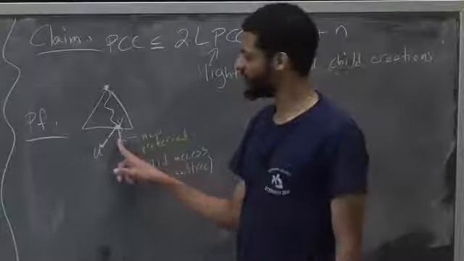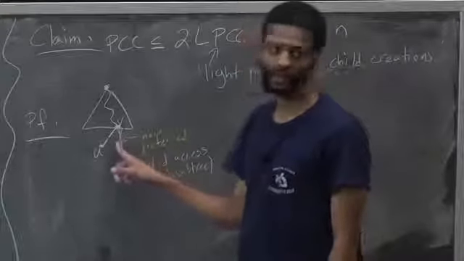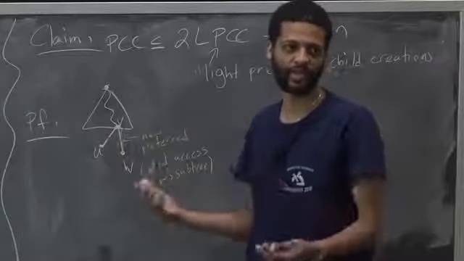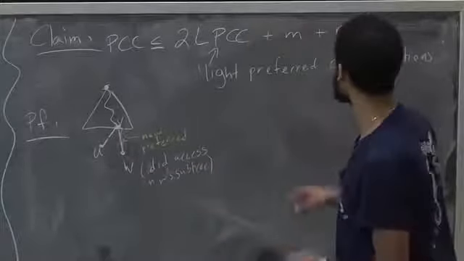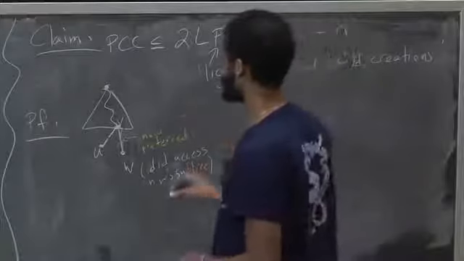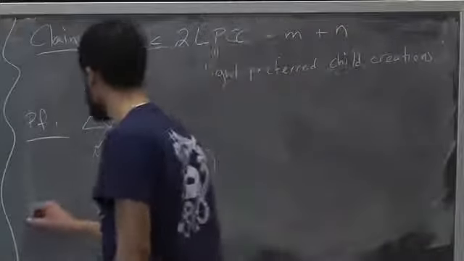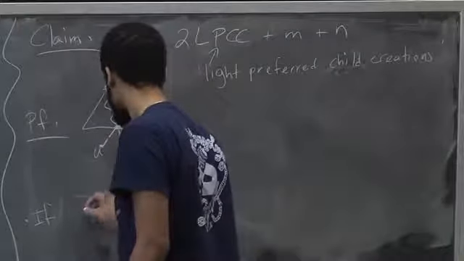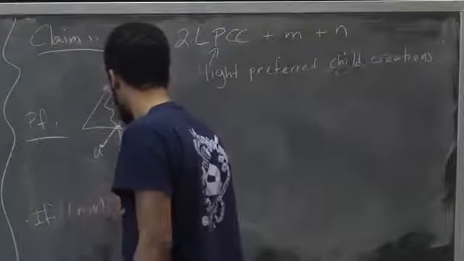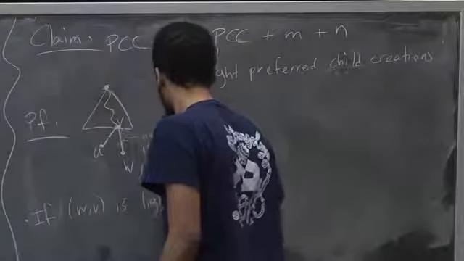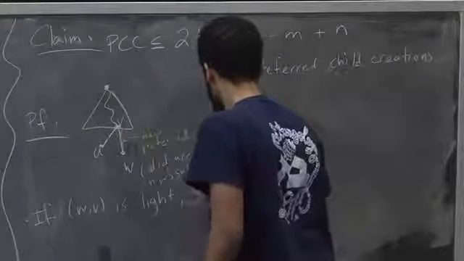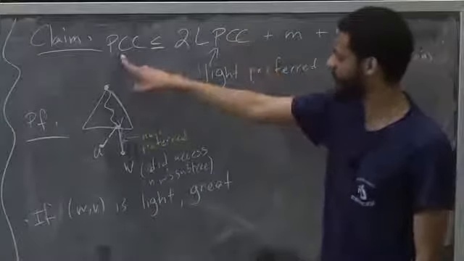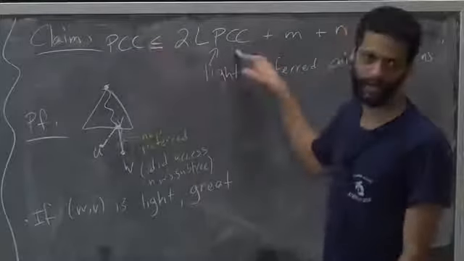Now, this new edge that we just created could be either light or heavy. That depends on the structure of the represented tree and the various sizes. Now, proof: if WV is light, great, because we count it. It is a preferred child creation, and it gets counted here because it's a light creation.